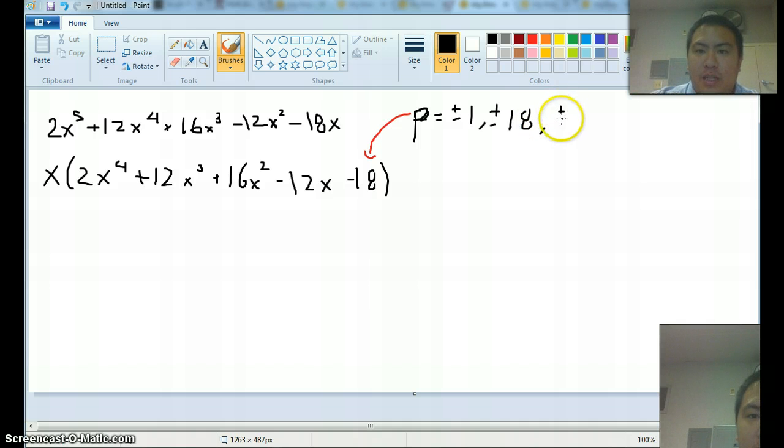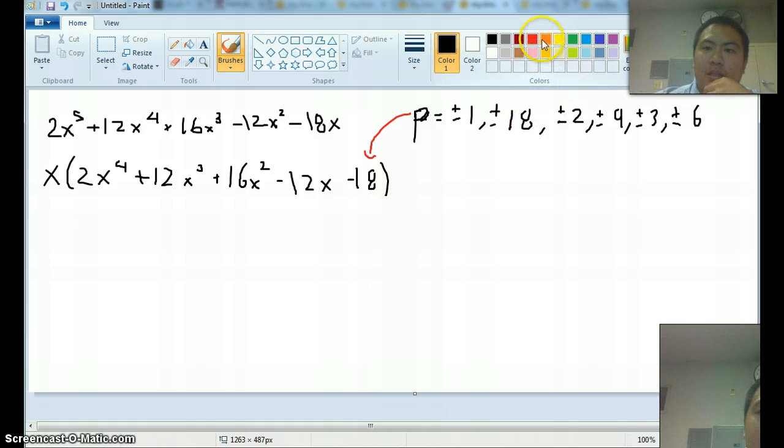Then you have plus or minus 2 and 9, plus or minus 2, plus or minus 9. You also have possibilities of 3 and 6. Okay, so those are your factors of your constant term, and that's what p is.